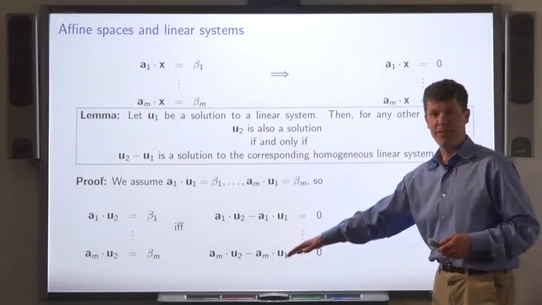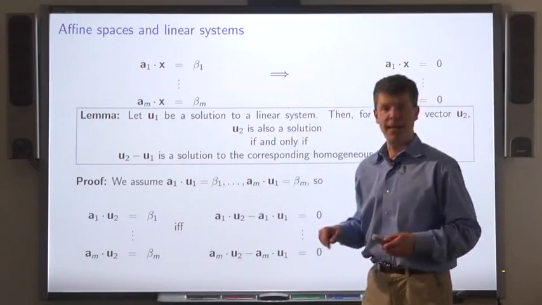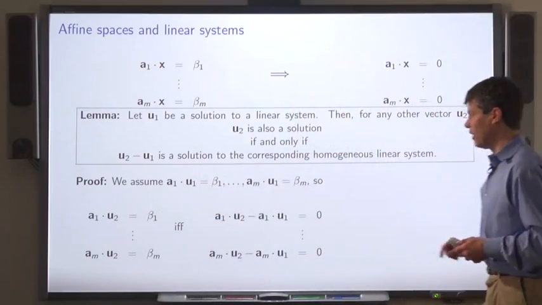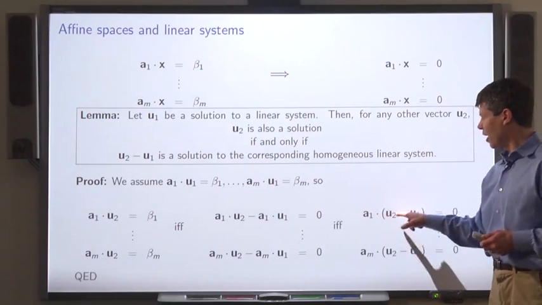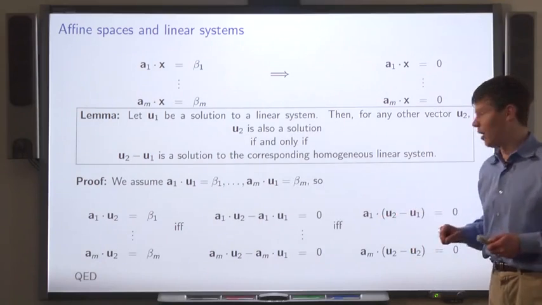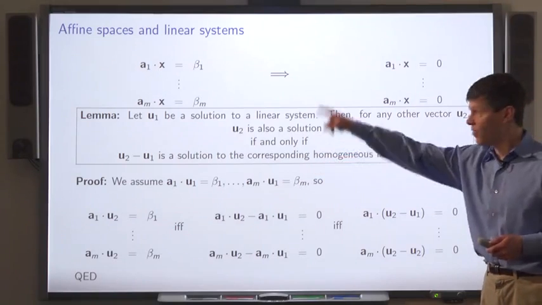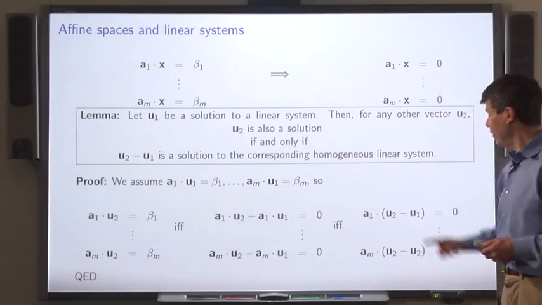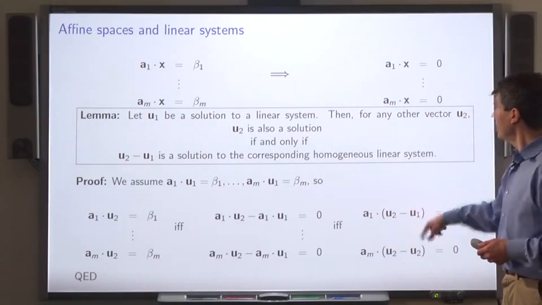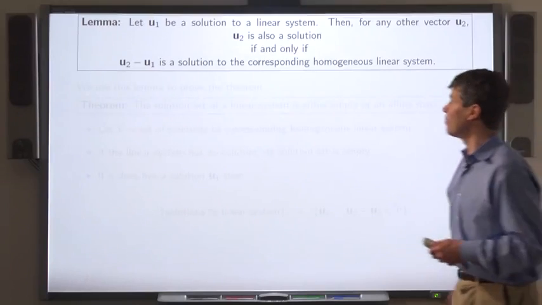All those differences have to be 0 because the right-hand sides have to match. And this is true if and only if a1 dot (u2 minus u1) equals 0, and so on, using the distributive law. So we've shown that u2 satisfies those equations if and only if u2 minus u1 satisfies all these equations. That completes the proof.